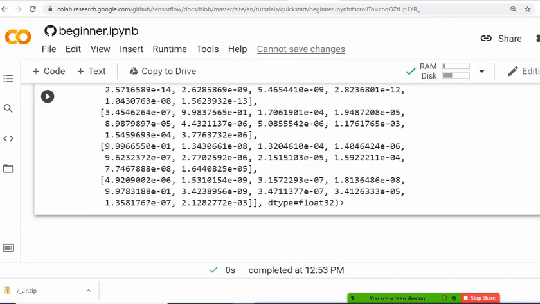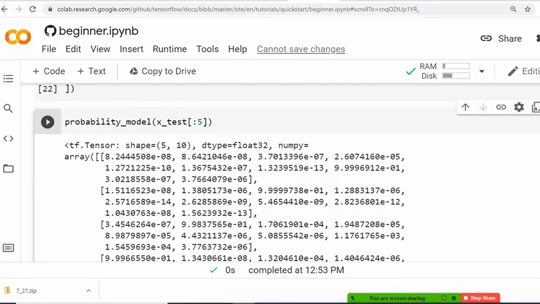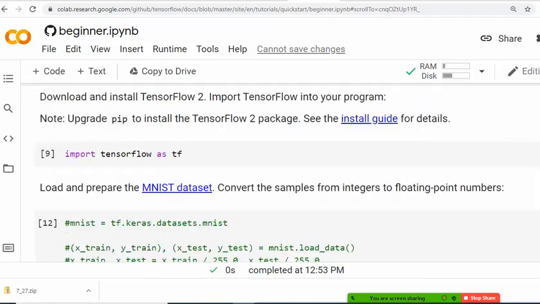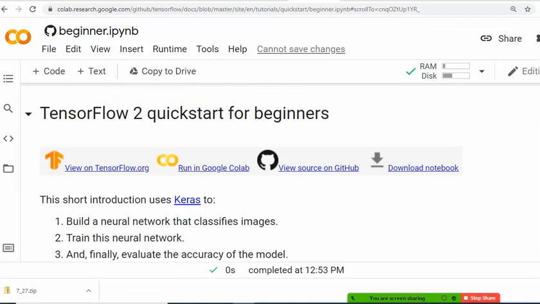Now certainly I went over this very quickly, but hopefully you get some idea of the outline of the process of creating and training a neural network. The same process is taking place even with very complicated neural networks.